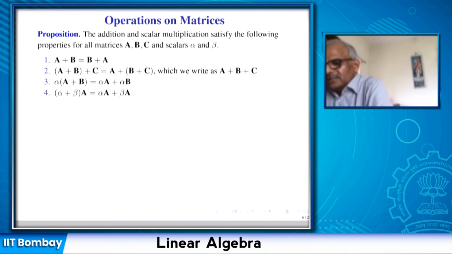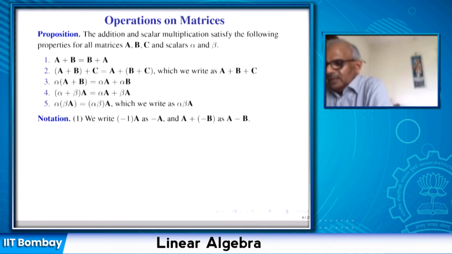Similarly, matrices and scalars satisfy the fourth property that alpha plus beta times A is the same as alpha A plus beta A. And alpha times beta A is the same as alpha beta times A, and therefore we can write it as alpha beta A. Take minus 1 times A, that is a scalar multiple of A. We will write this as minus A, so that we don't have to write the minus 1 in round brackets.